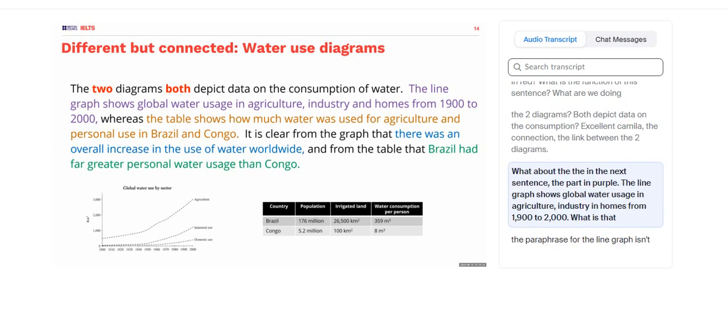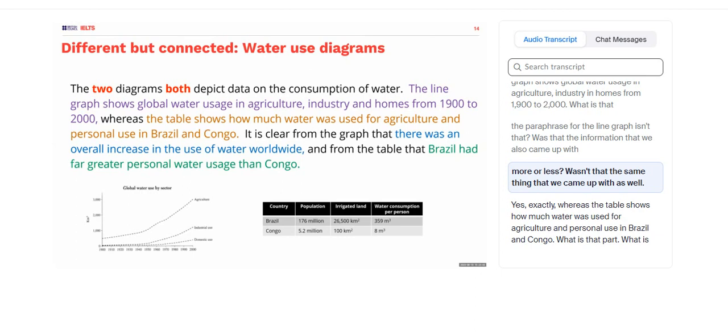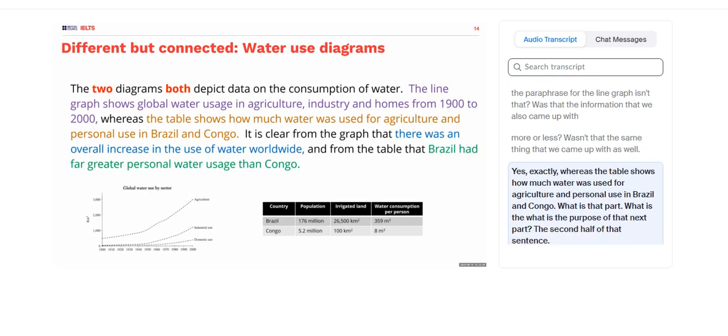What about in the next sentence, the part in purple? The line graph shows global water usage in agriculture, industry, and homes from 1900 to 2000. What is that? The paraphrase for the line graph. Was that the information that we also came up with? More or less the same thing. Yes, exactly.